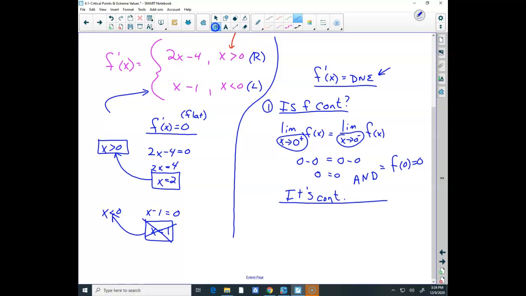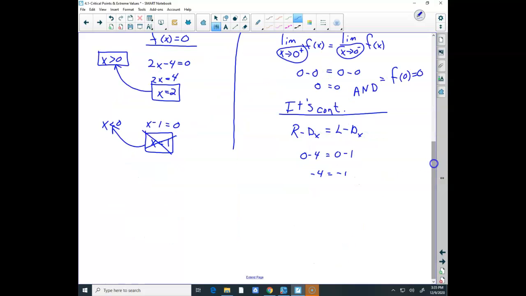then it wouldn't be a critical point because a derivative would exist. If the derivative does not exist, the right side derivative does not equal the left side derivative. I can find that really easily by taking the right side derivative, which is 2 times 0. I might as well just plug it in: 2 times 0 gives me 0 minus 4 on the right side, and the left side gives me 0 minus 1. So the derivative on the right is negative 4, and the derivative on the left is negative 1.